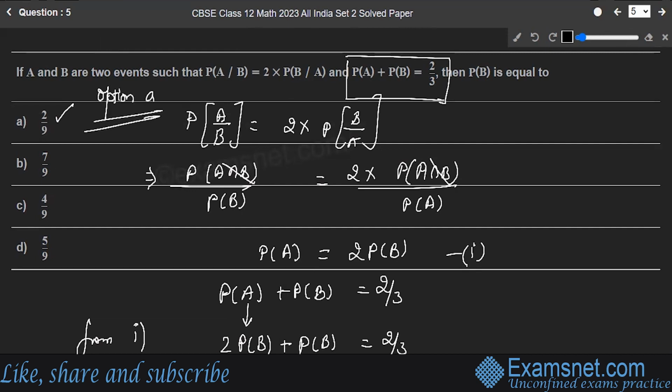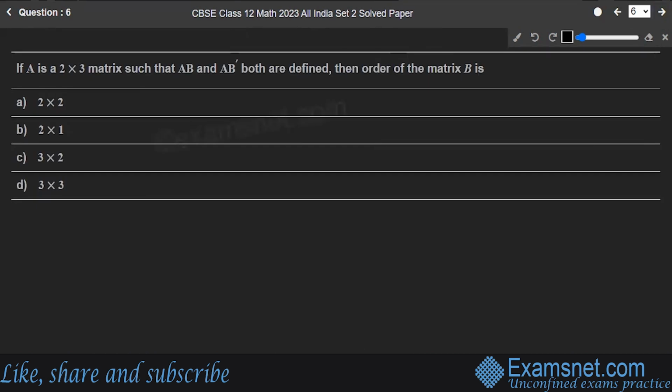Hope you understood this. Next is question number 6. If A is a 2 by 3 matrix such that AB and AB dash both are defined, then the order of the matrix B is. See, here matrix A is of 2 by 3 order, right?